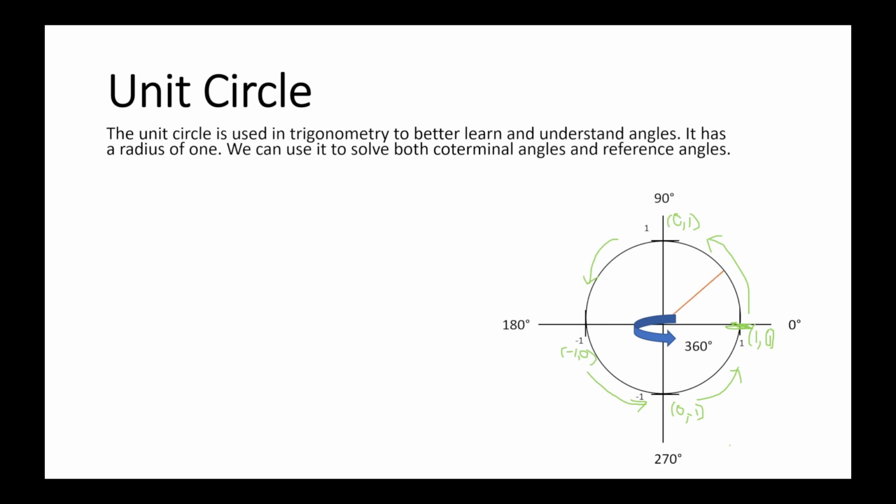Now, if I make a line going from the origin to any point on the circle, anywhere between 0 and 360, I end up with an angle. Okay, and that angle will form from this place that I started up until where I stop at the line.